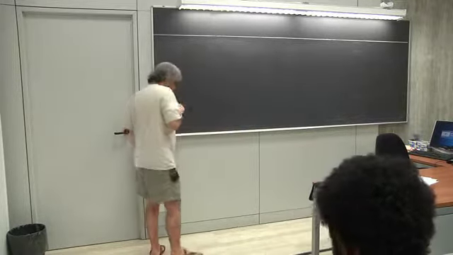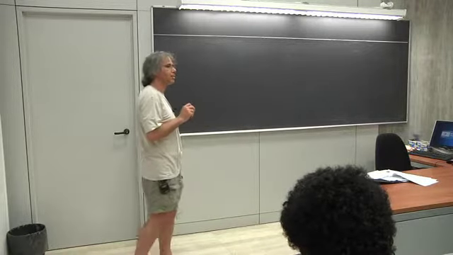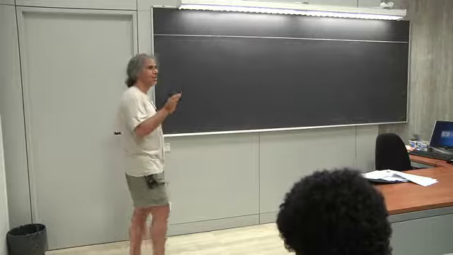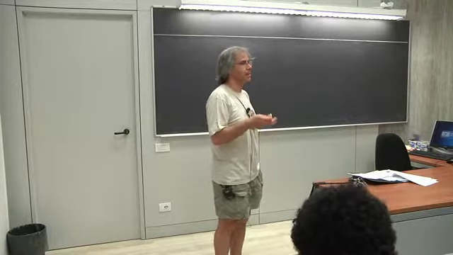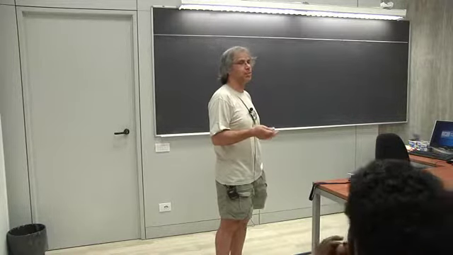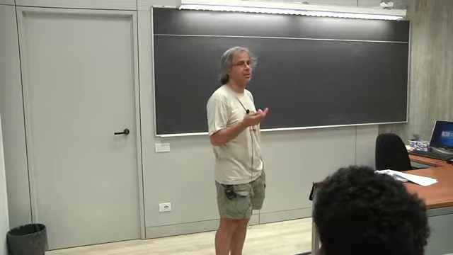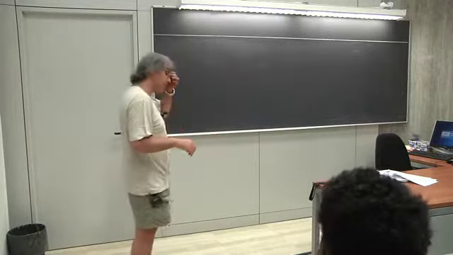Okay, so the subject has to do with many identical particles, which will be of two classes, fermions or bosons. Fermions are those particles that have a half-integer spin. Bosons are those particles that have an integer spin, either 0 or any other integer.